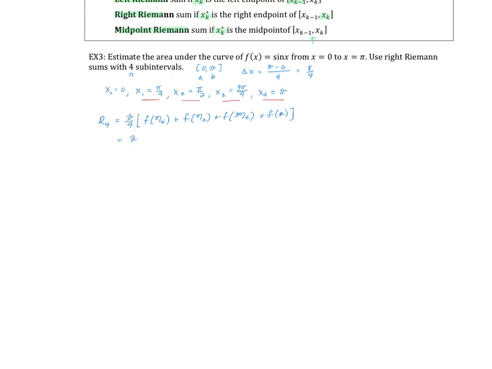This is pi over 4 times sine of pi over 4, which is square root 2 over 2, plus, if I put in pi over 2, sine of pi over 2 is 1, plus sine of 3 pi over 4 is square root 2 over 2, plus sine of pi is 0.